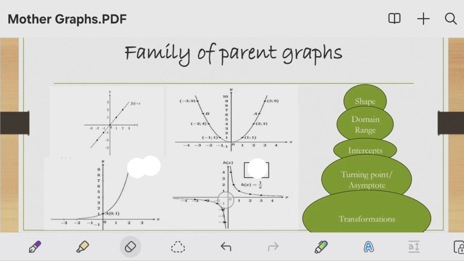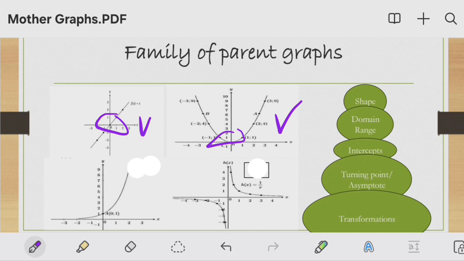We'll go through each and every one of those individually. For now, we just want to understand some of the basic things about each graph. Specifically for linear functions as well as parabolic functions, parent graphs or mother graphs usually pass through a point called the origin.